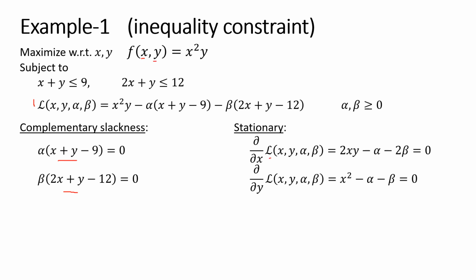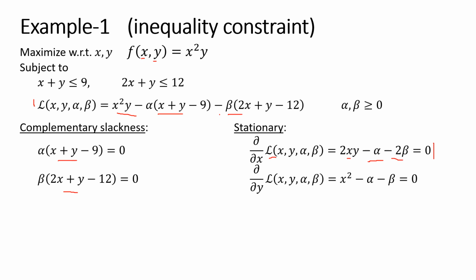So the derivative of the Lagrangian with respect to x is: the derivative of the first term is twice xy. The derivative of the second term with respect to x is simply minus alpha, and likewise the derivative with respect to x of the third term is minus twice beta. So that should be equal to 0. That gives the first stationary condition.